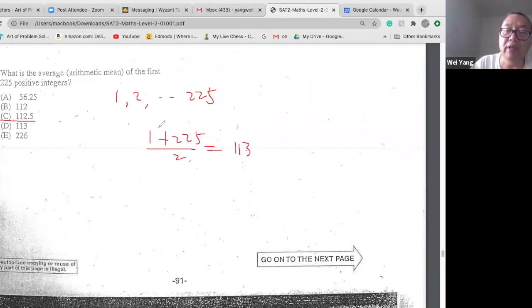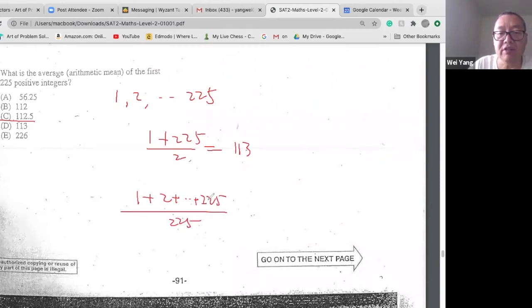Another way, you can add all these numbers together, right? This is the normal way to do this, plus 225, then divided by the number of numbers. You have 225. Now let's see. This one we can do 1 plus 225 divided by 2, then times 225.